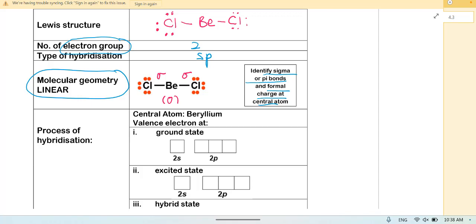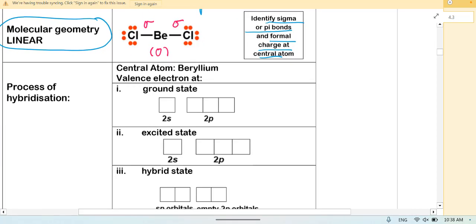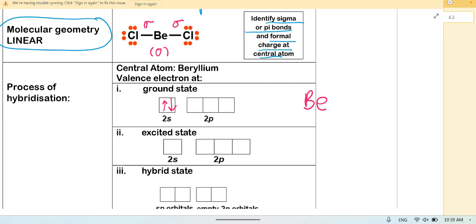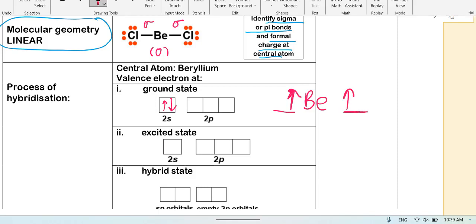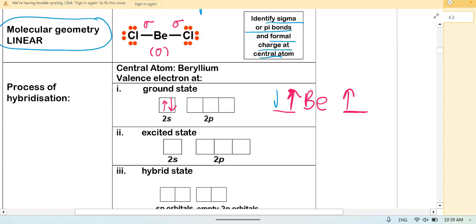Beryllium only has 2 valence electrons, and the valence electrons are at 2s. So how can these valence electrons make a bond with Cl? Beryllium needs to have one electron here, and another electron here, to share with Cl and make a bond.